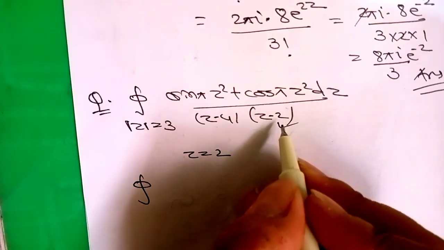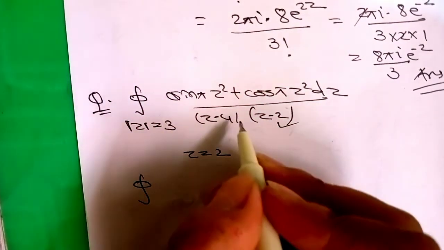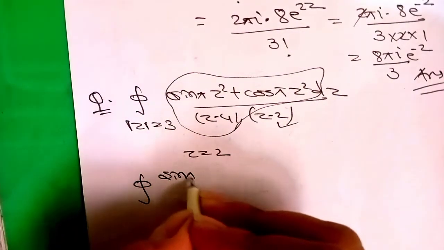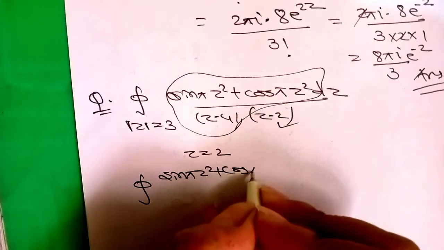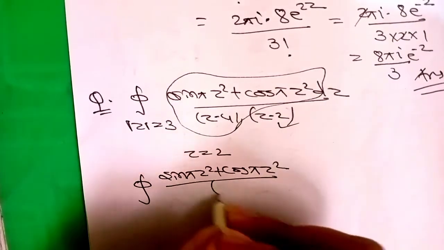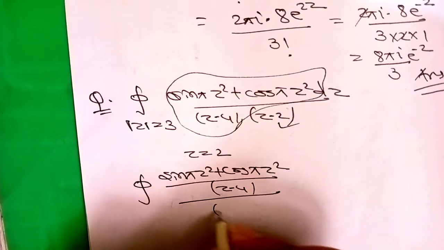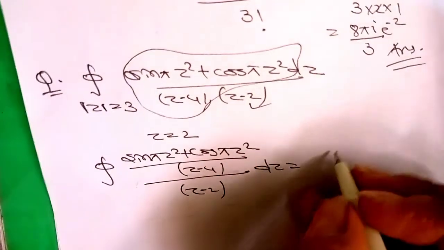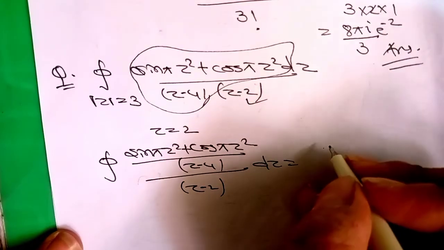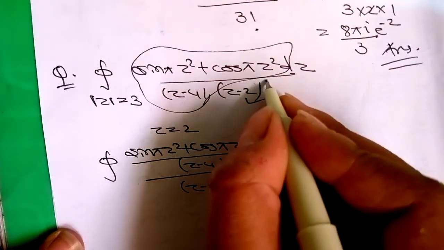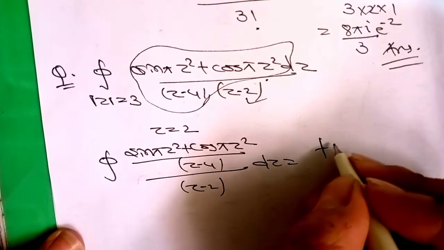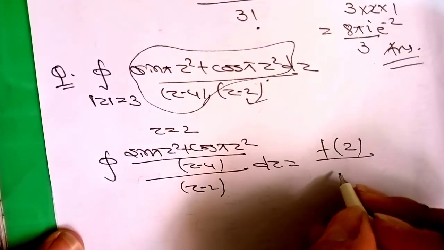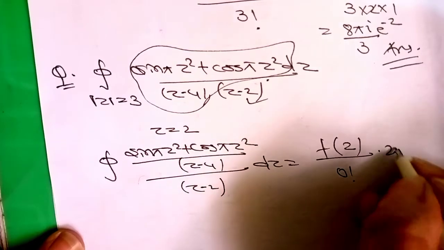Because z equals 2 is a singularity, this will become our f(z): sin(pi z squared) plus cos(pi z squared), upon (z minus 4) over (z minus 2) dz. Now this is f^n(z naught), with n equal to 0 plus 1, so z naught is 2, upon 0 factorial, 2 pi i.